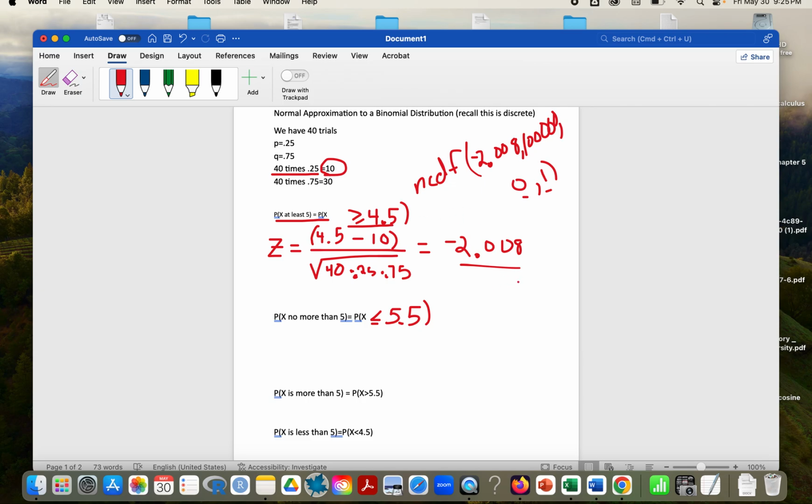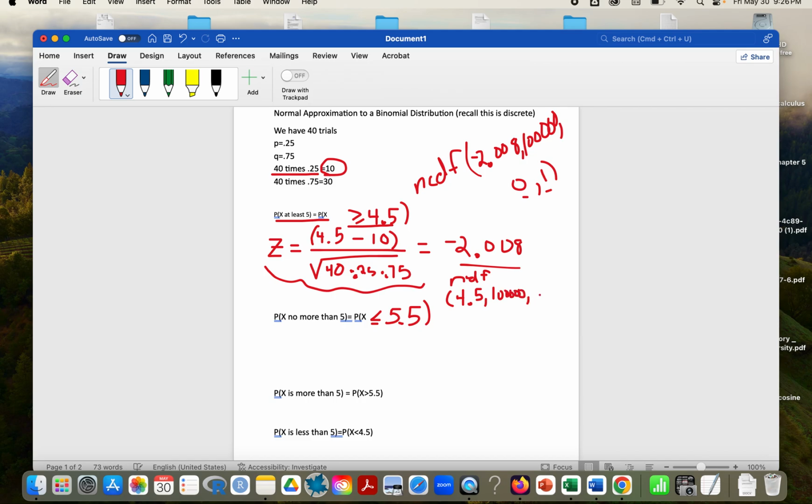Okay. Now, you don't need to do the z-score if you remember to do the following for normal CDF. All right. What you're going to do is your lower is going to be 4.5. Your upper will still be a very large number, pretending to be infinity.